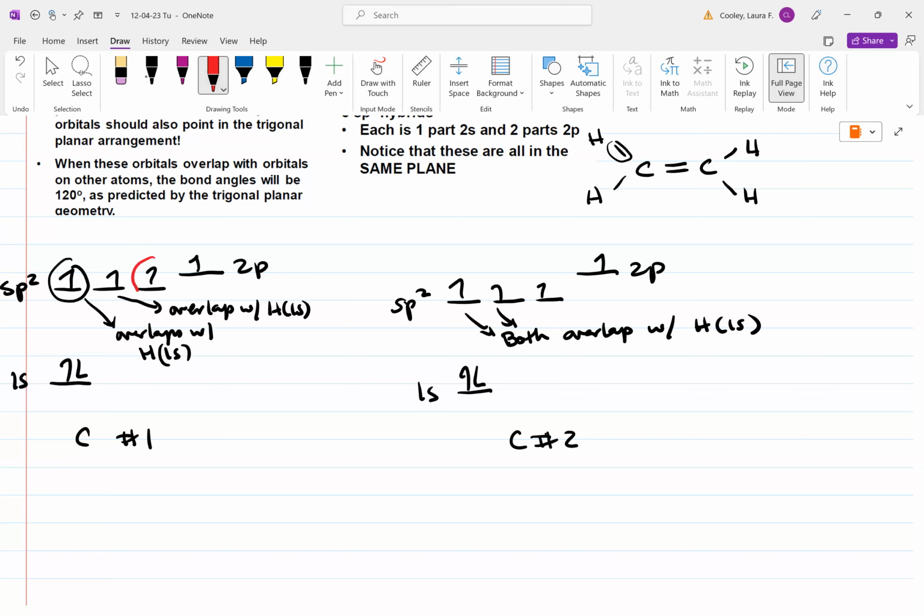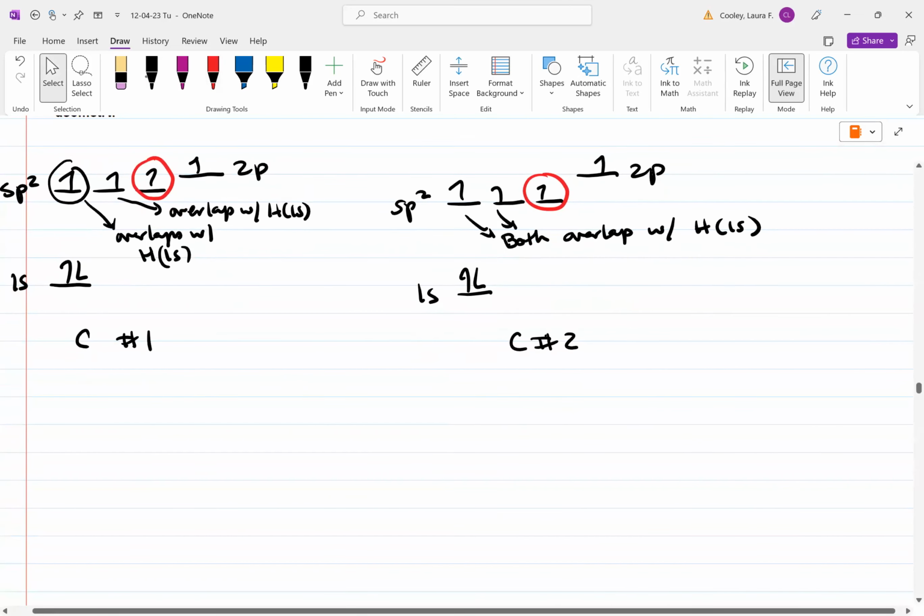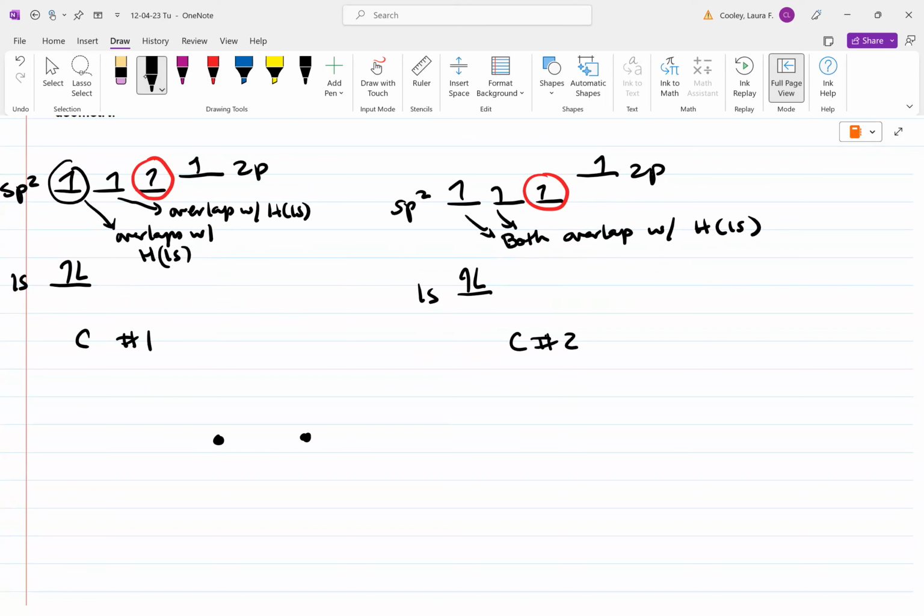Okay, so what about this guy and this guy? Well, that's going to be the first of the double bond. You're going to have overlap between those sp2 orbitals. So let me actually draw this out for you. These are the two carbon nuclei, okay? Let me make it a little further apart.